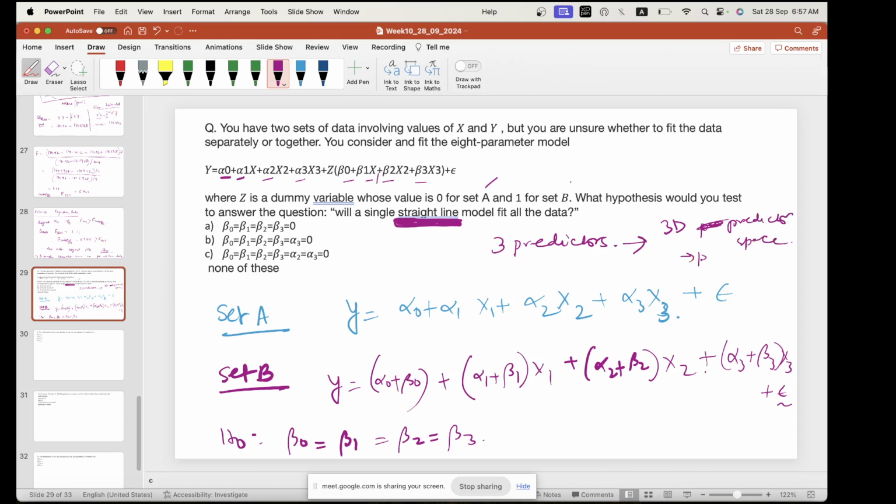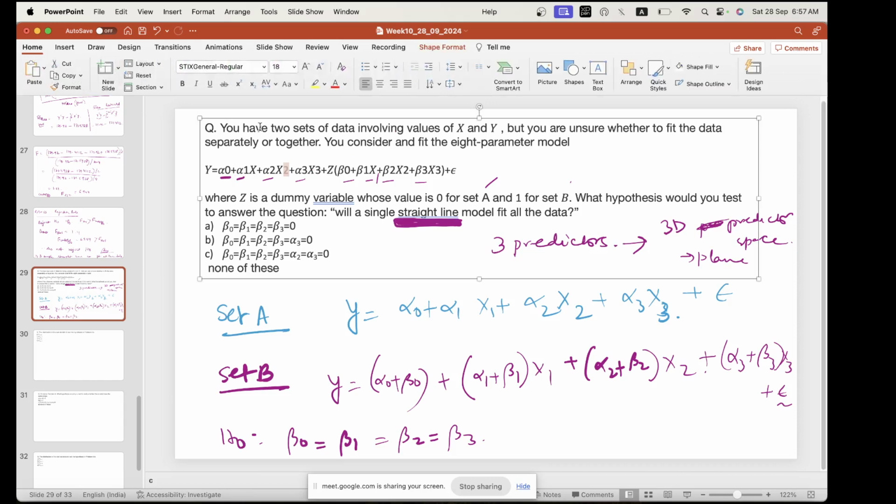This multiple linear regression is sort of fitting a 3D plane, but we want a single line. Oh sorry, this actually should be square.